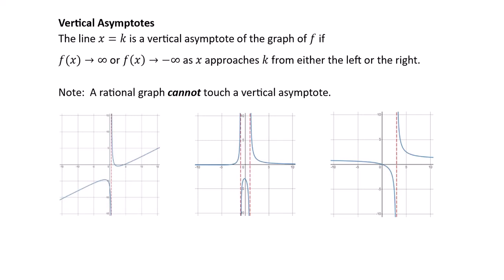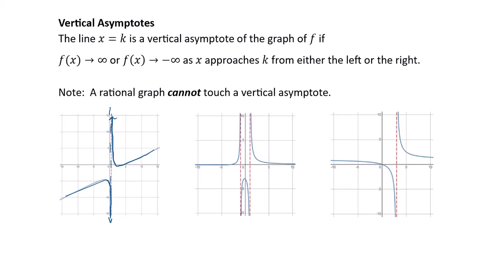With this first graph, we can see as our graph is approaching this certain k value, it is approaching negative infinity. If we're approaching this certain value from the right-hand side, then our graph begins to approach positive infinity. So we can see we have a vertical asymptote there.